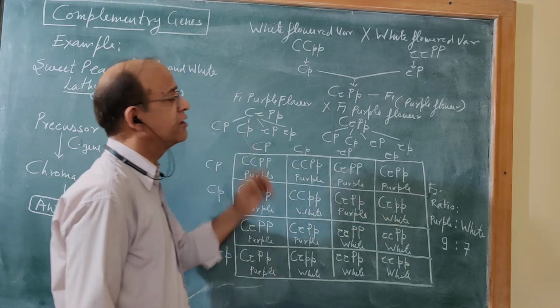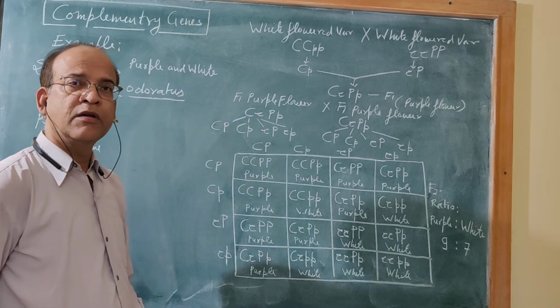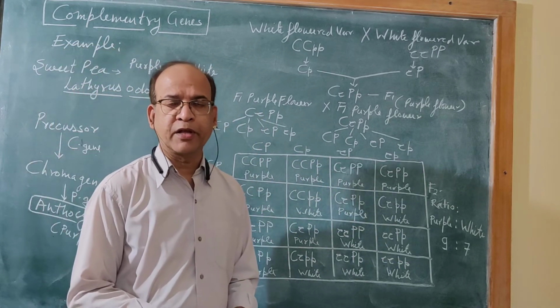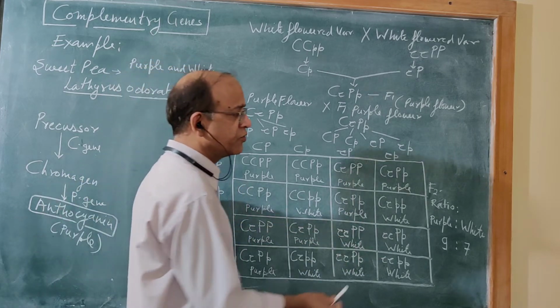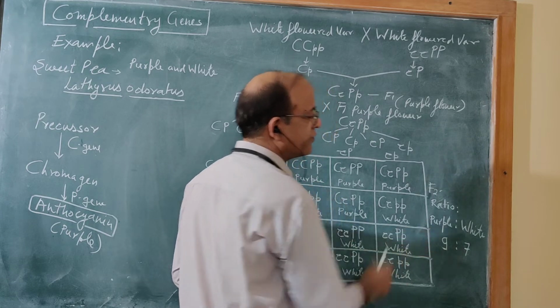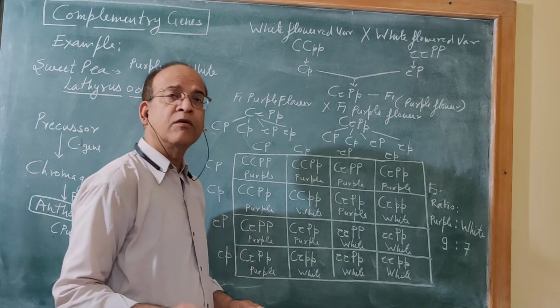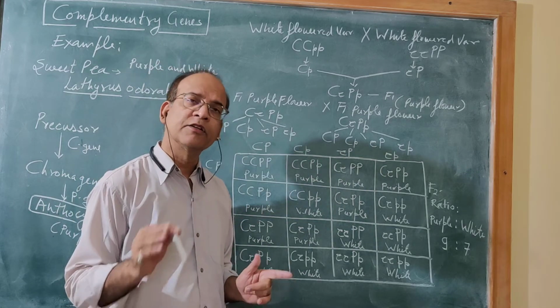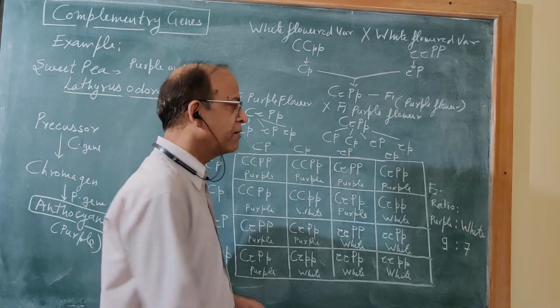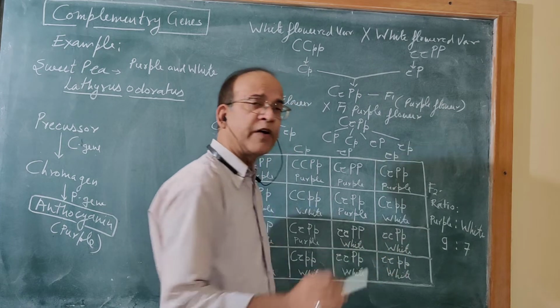So in this dihybrid cross, a modified phenotypic ratio is obtained in the F2 generation, and that ratio is 9:7. Nine are purple, which are having both dominant genes, C as well as P. But 7 are white.